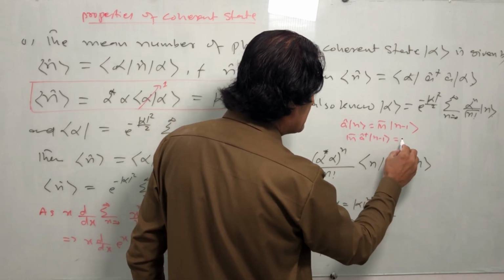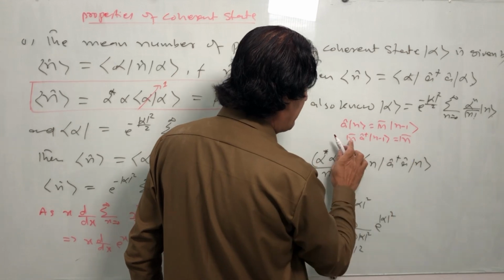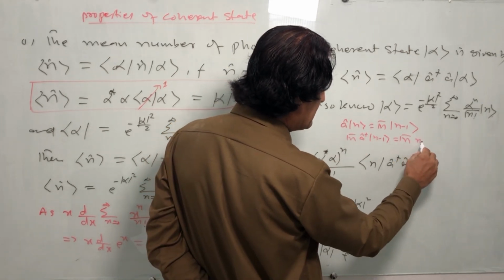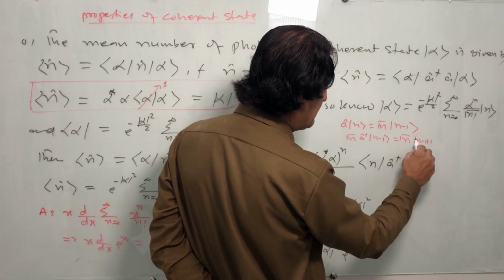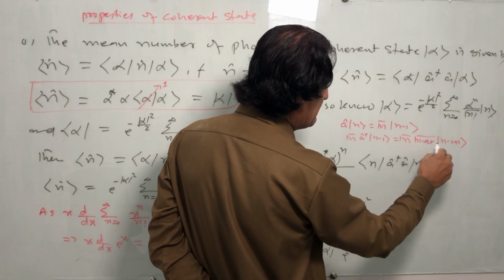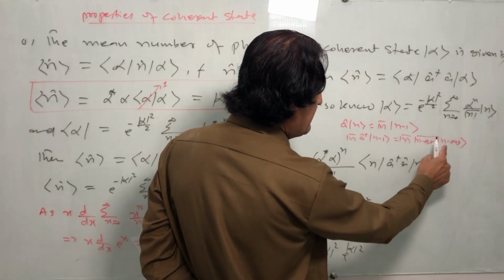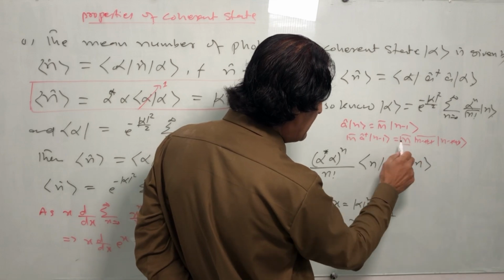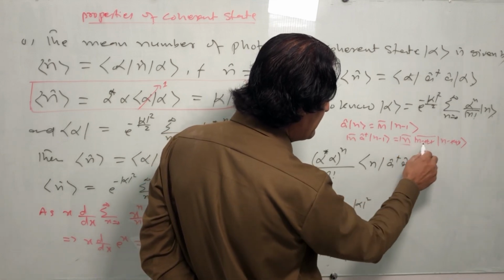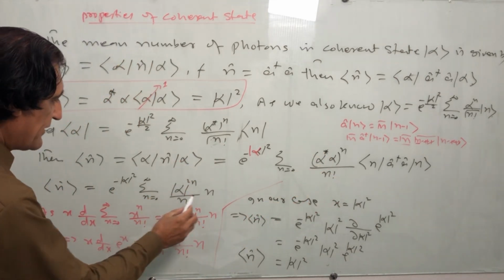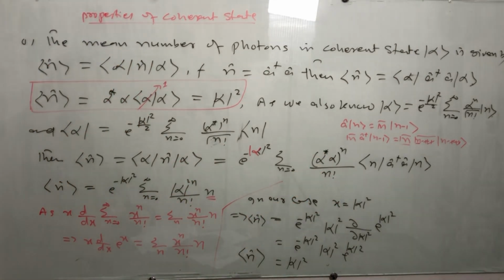So we have square root of n, and if we apply this, we get square root of n minus 1 plus 1, which is n. So this can be cancelled out, and you have n and n, which is equal to 1, and we have this square root of n. So the square root of n squared gives you only n. So this is very easy, no problem.